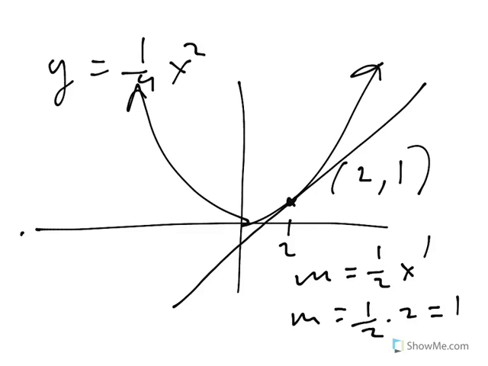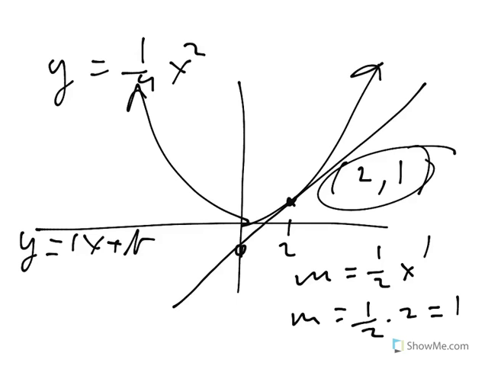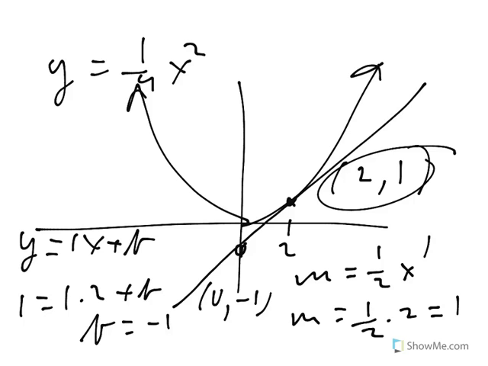The equation of this tangent line is y equals 1x plus b, and if you plug (2, 1) in, we'll get the y-intercept. So 1 equals 1 times 2 plus b, or b equals negative 1, (0, -1). Notice again, the y-intercept was the opposite of this. And that is generally going to be true.